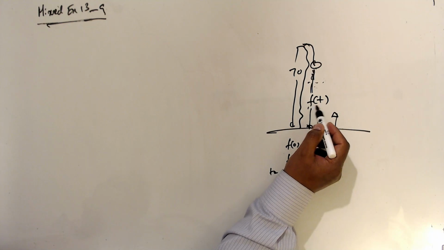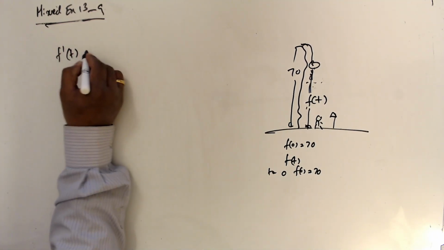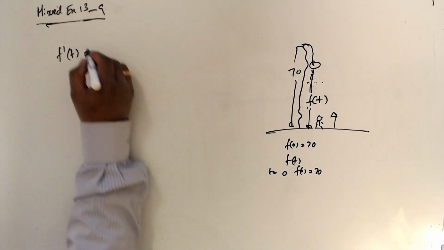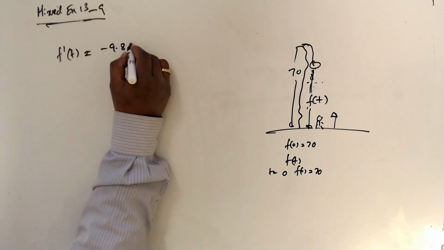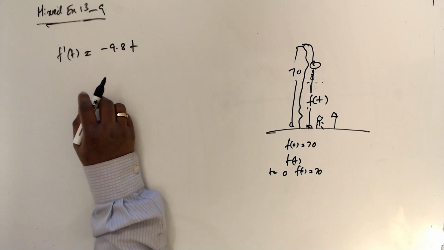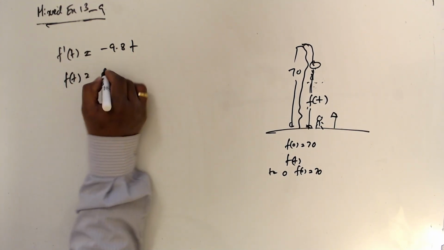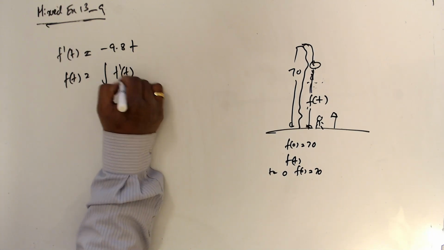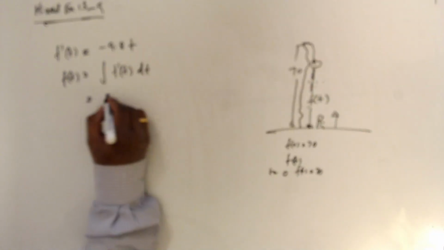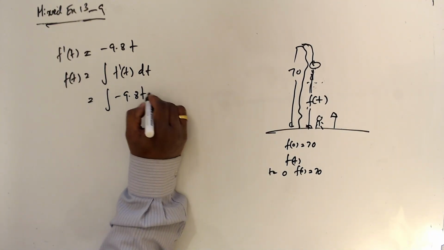Now, we don't know the f(t) function, but they have given an f dash t relationship. f dash t is minus 9.8t. Now we want to find the function f(t). We can get f(t) when we integrate f dash t dt. It means we have to integrate minus 9.8t dt.